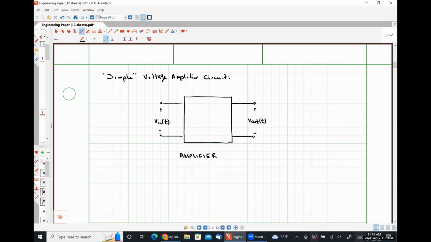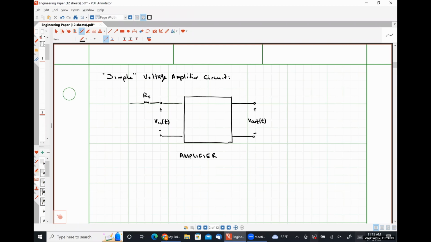is my amplifier. On the left-hand side, we are going to have our source. So this is providing the signal that we are trying to amplify. And for the sake of argument, let's say that our signal generator has some internal resistance.